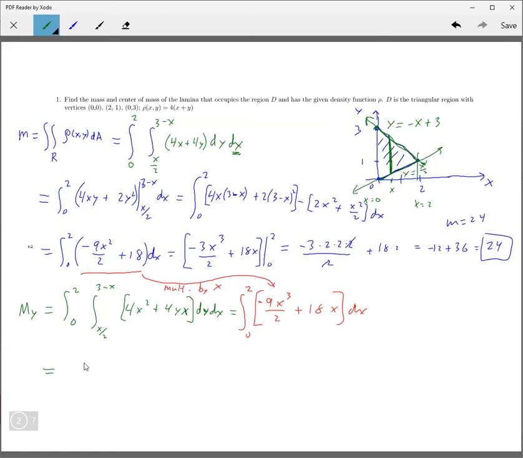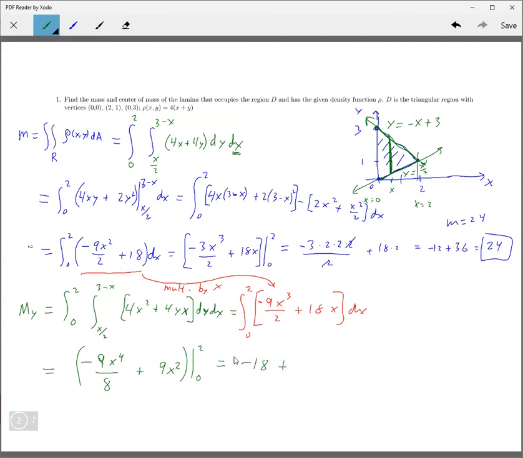Integrating this. Negative 9x to the 4th divided by 8. Yep. Plus 18x squared divided by 2, so it'd be 9x squared. Yep. And we're going from 0 to 2. Okay, so if you put a 2 in here, you're going to get 16 over 2. It's 9 times 2 is negative 18, so that's negative 18.